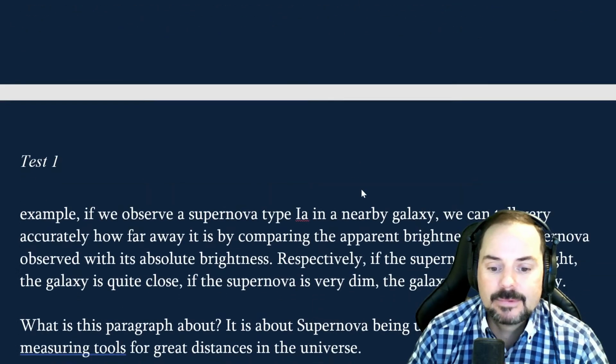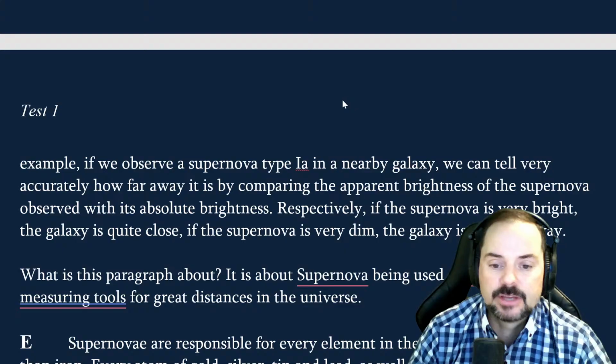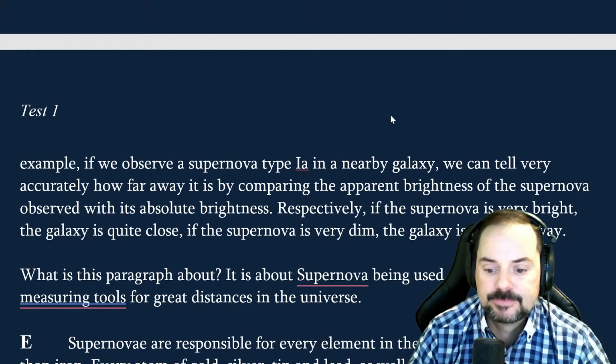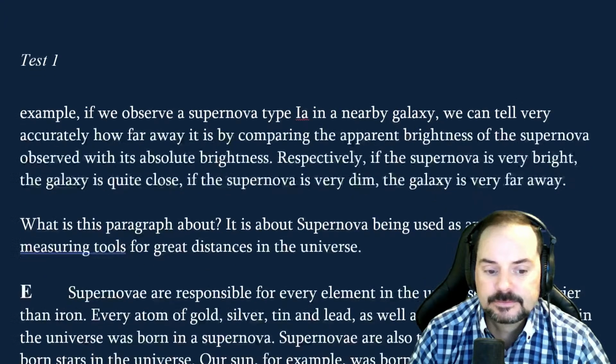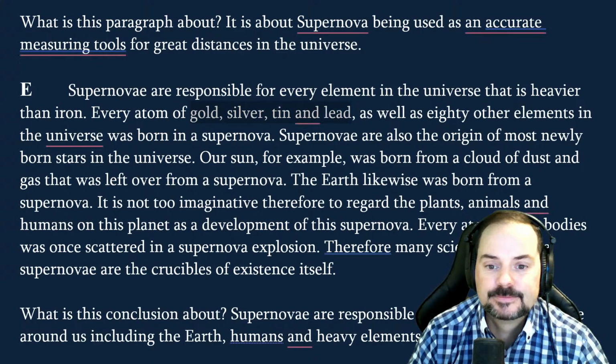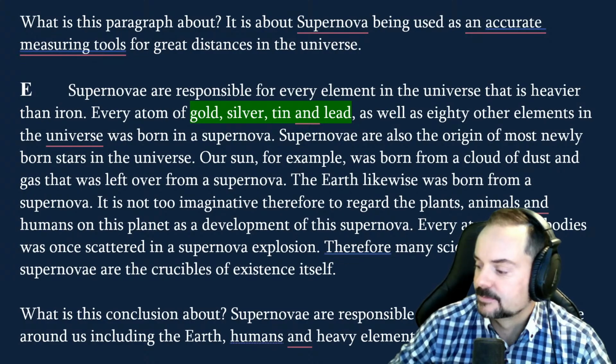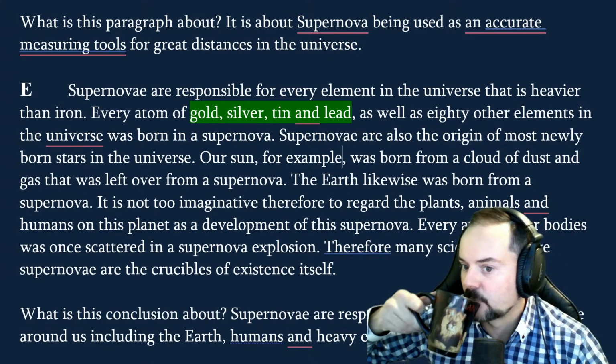So probably not. So then where would it come from logically, if it's not in D? Then it would come in paragraph E. Yeah, because in paragraph E we talked about some elements. Which ones? Gold, silver, lead.